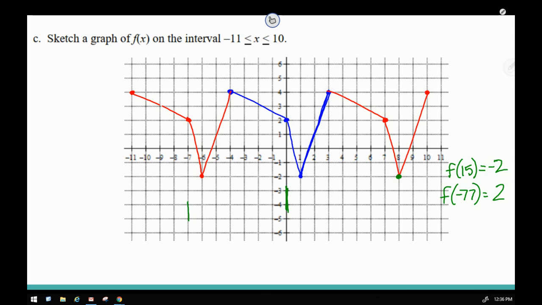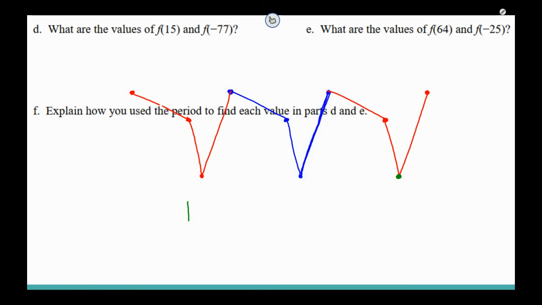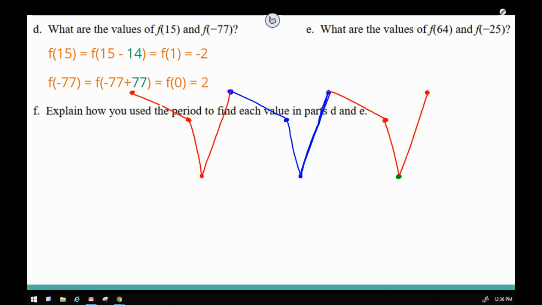Okay, I'm going to click forward to show you how I wrote that on my paper. It's probably going to be really ugly because I have all this right there. Just ignore the graph in the middle. Okay, so to find f of 15, we did -7 to get it on our graph. I did -14 to get it close to 0. You're basically just subtracting or adding a multiple of 7 because your period is 7 on your graph.